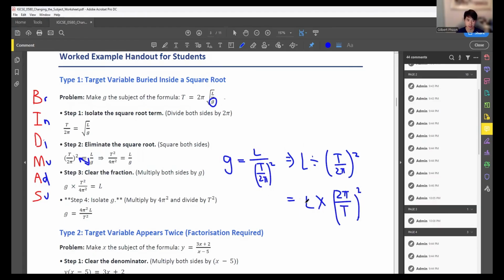Then finally, you will get this answer here. 4 pi squared, because 2 squared, pi squared, over t squared, times l. 4 pi squared l over t squared.